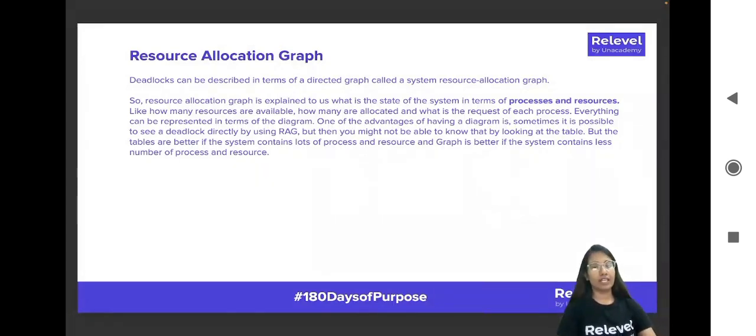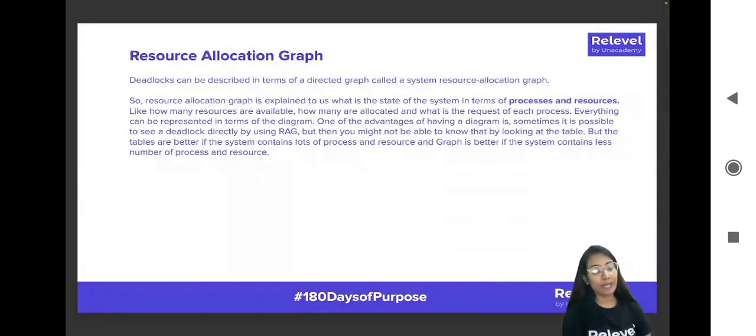One of the advantages of having a diagram is that sometimes it is possible to actually see a deadlock directly using a graph. Okay, you don't have to apply all the logic and check all the conditions. Sometimes by just looking at the graph itself, you can tell whether there's a deadlock or not. Okay, but it's kind of a maybe thing.